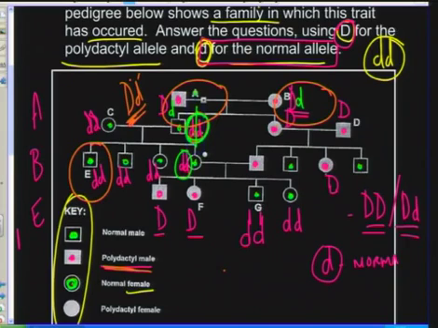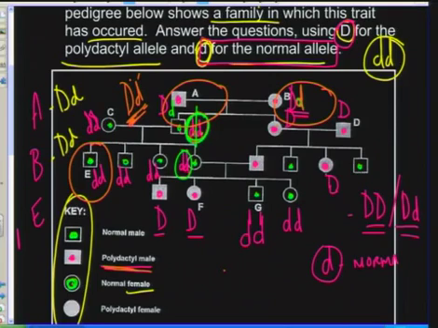One has to come from the father, and the other small d has to come from the mother. That is how we can conclusively deduce that the parents have to be heterozygous for the condition, simply meaning that they are carriers. So individual A, the father, would have to be capital D, small d. The mother also is capital D, small d, and we needed to look at individual E.